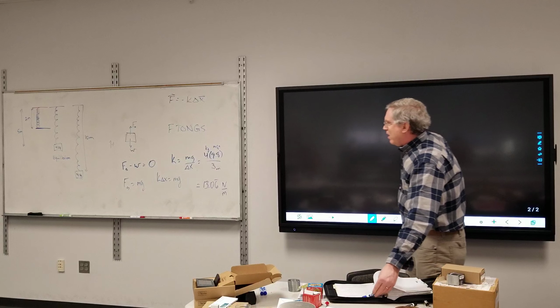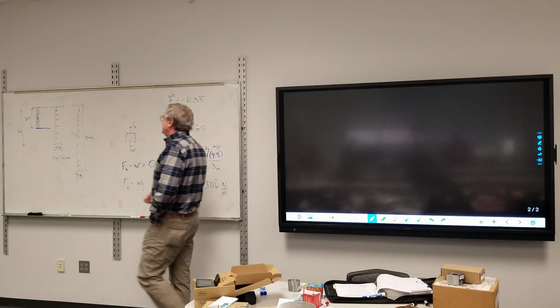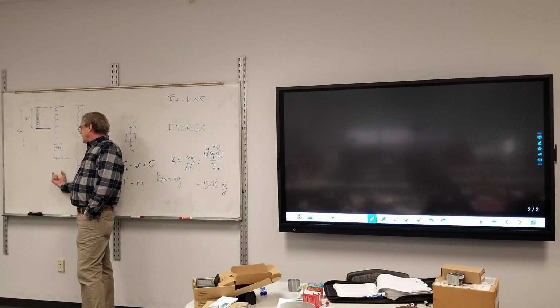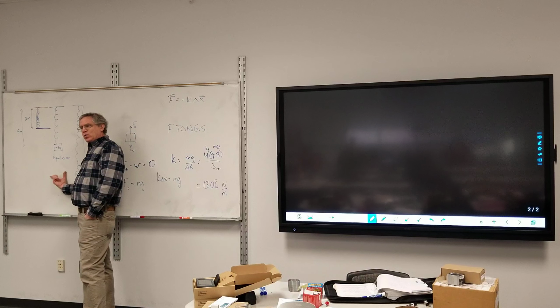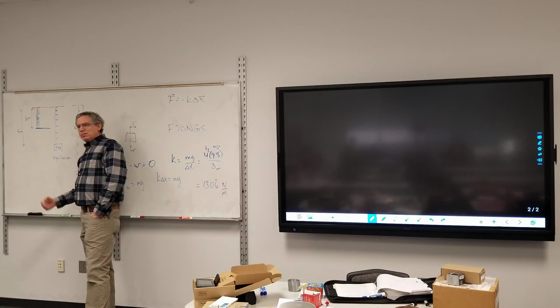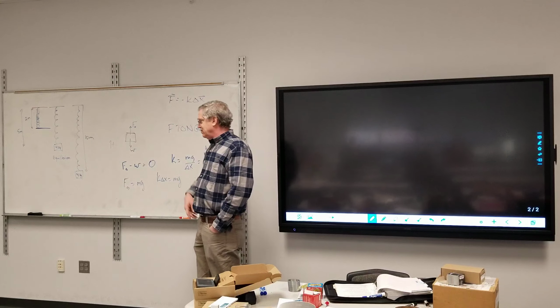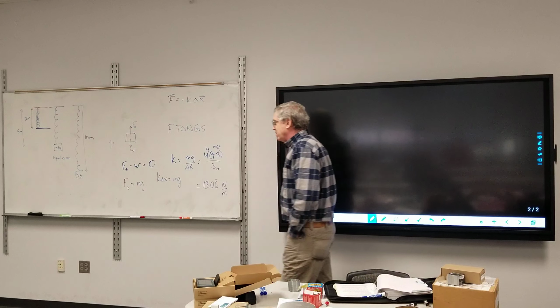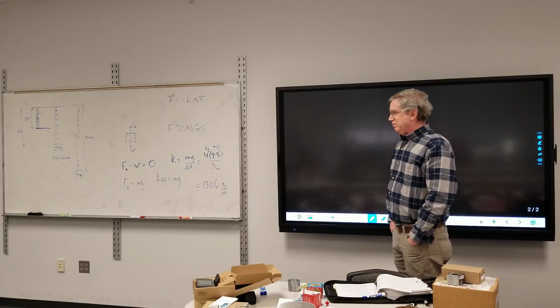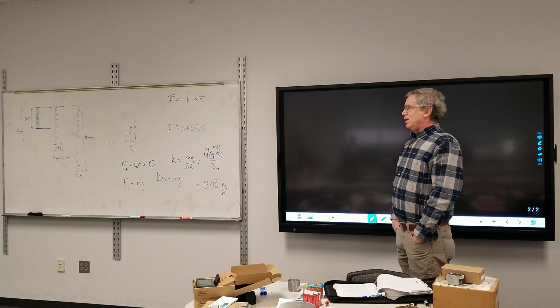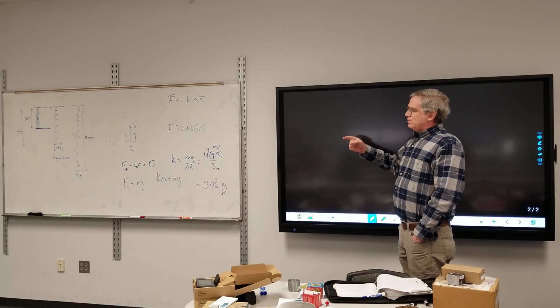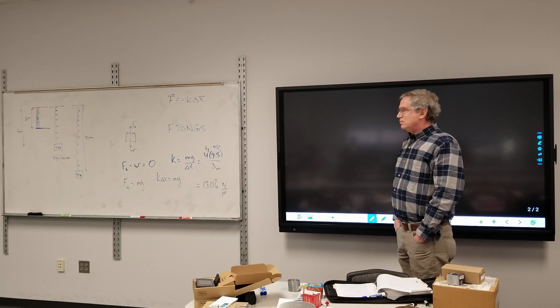All right, so now I take this 4 kilogram mass and I pull it down and I let go. Because we're dealing with something obeying Hooke's law here, the spring is going to oscillate in harmonic motion. We can characterize the path it takes by the sine and cosine functions that we talked about last week.